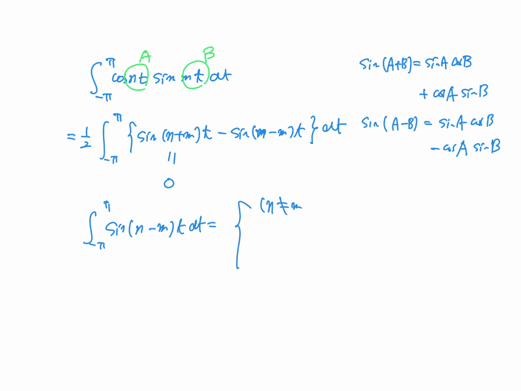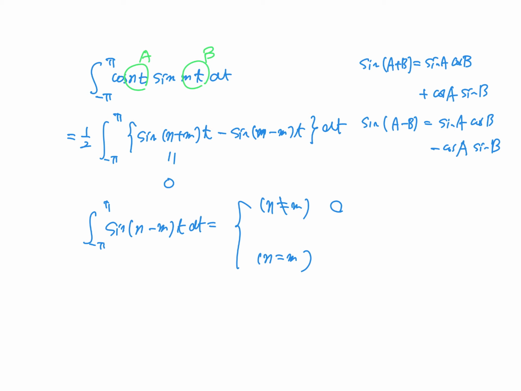When n and m are different, you integrate the sine from minus pi to pi with the integer, you get 0, right? When n is m, what happens?